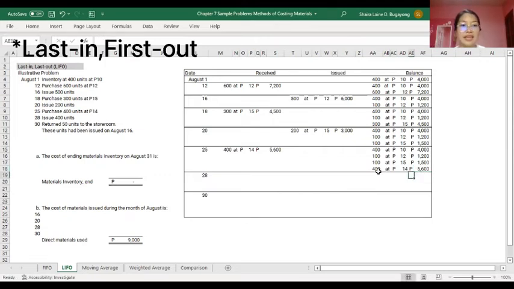Okay, so on 28, nag-issue siya og 400 units. So, sa walay pagduha-duha, kaning nasa last atong unit cost. Okay, so ang bili na lang is kaning tulo. So, since gi-indicated niya that these were issued in August 16, so ang unit cost po na itong gamiton is 12. This one.